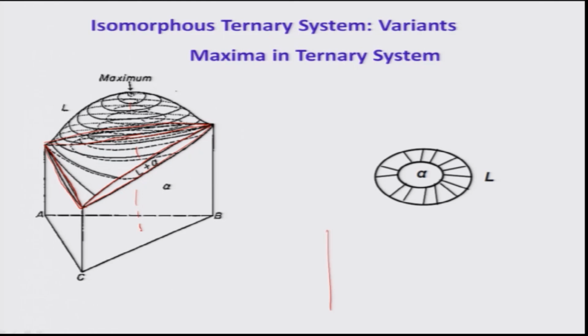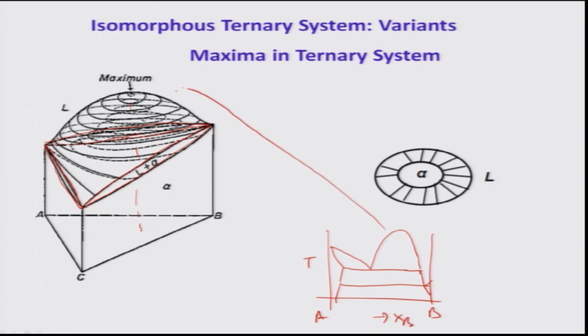In a monotectic system you have seen, right, there is a dome like this. This is the dome in the monotectic system we have seen. So, instead of that, this particular thing is present in the ternary system.